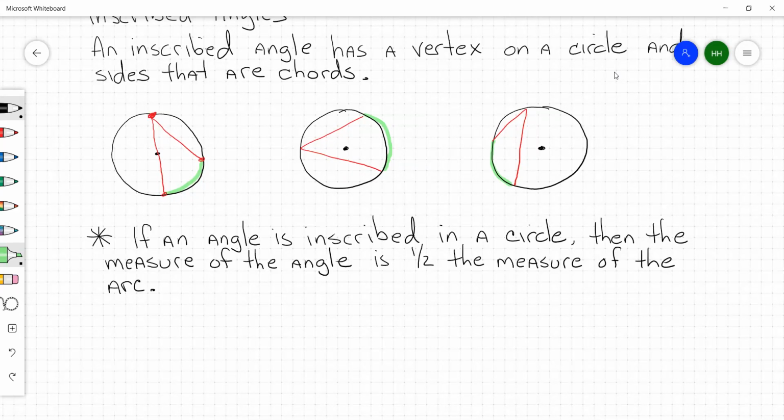So look, if this is, let's see, this is about 80 degrees right here. If that arc is 80 degrees, what's this angle measure right in here? 40, good.